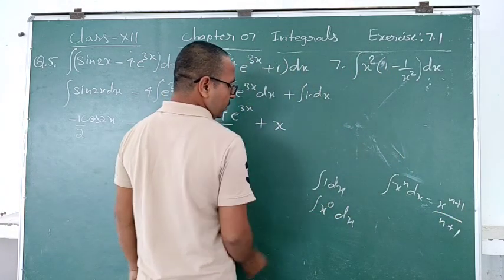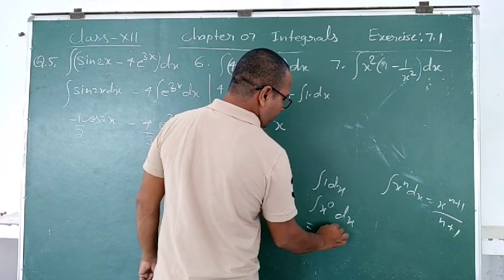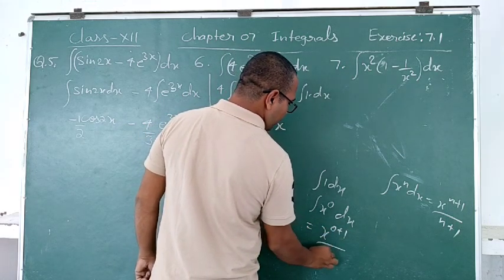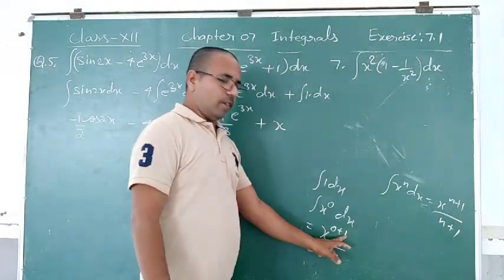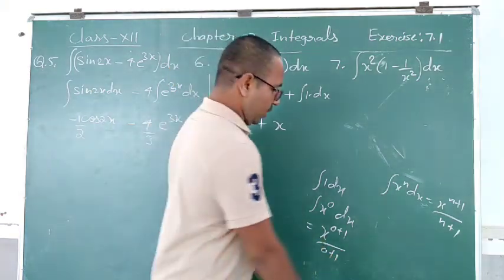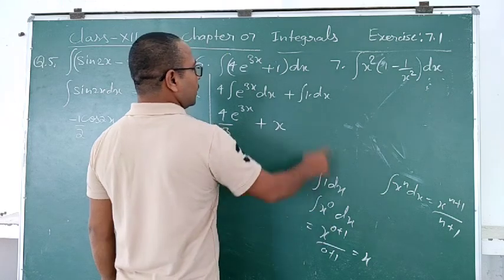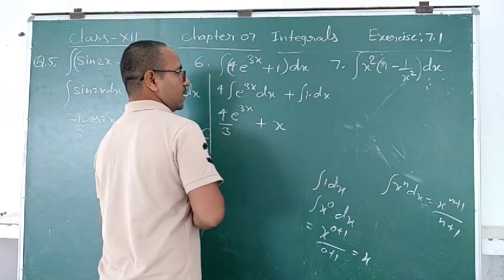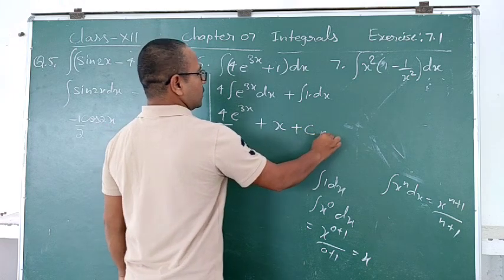So x to the power 0 plus 1 upon 0 plus 1, that is 1 only. So x to the power 1 divided by 1 will become x only. So integral of 1 is always x. So use this constant c. This much is our answer.